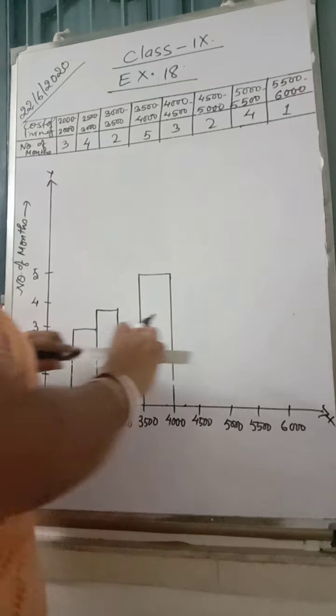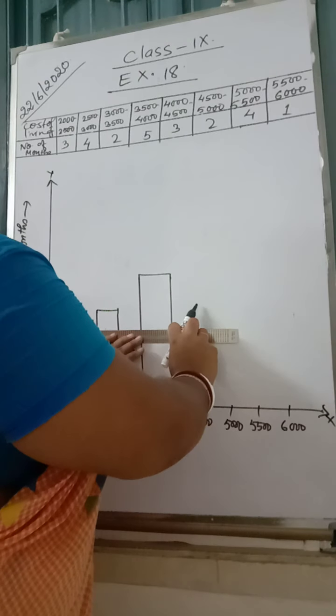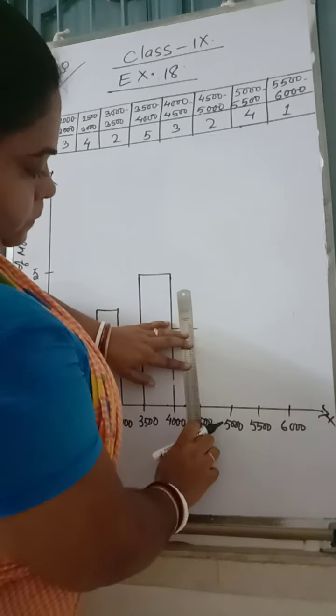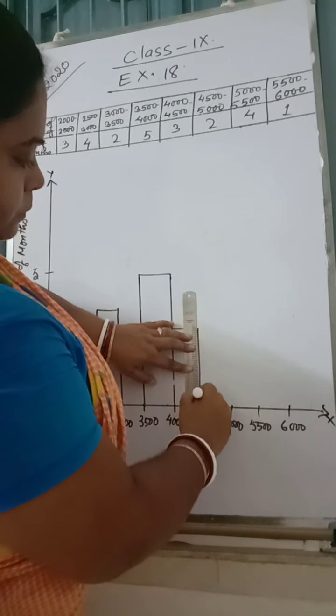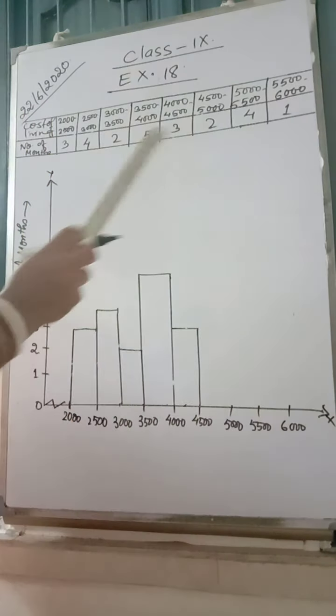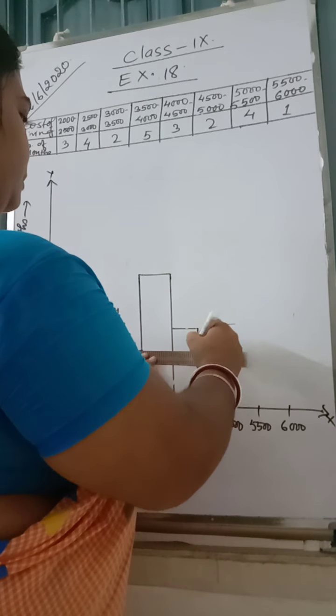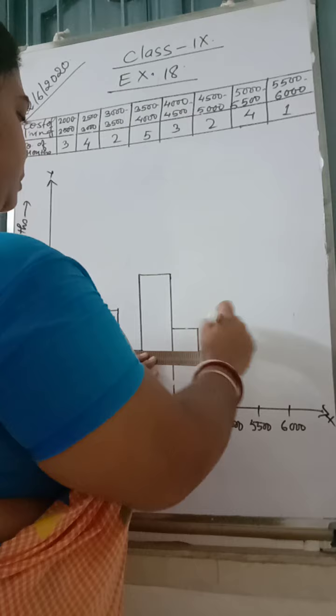Then we have 3. So this will come to 3. Then we have 2. So this will come up to 2.